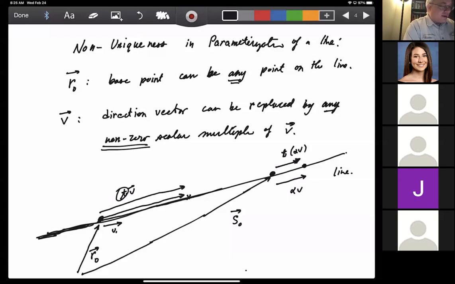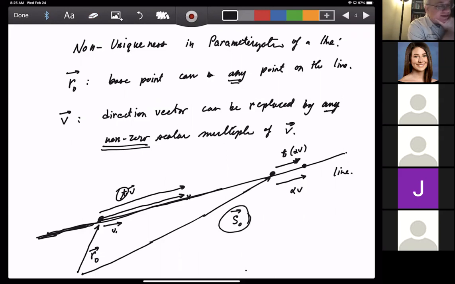the T is not going to mean the same thing in these two representations, but we're really doing the same thing. And again, as T ranges through all the numbers bigger than 0, we're going to trace out the points on one side of our base point.